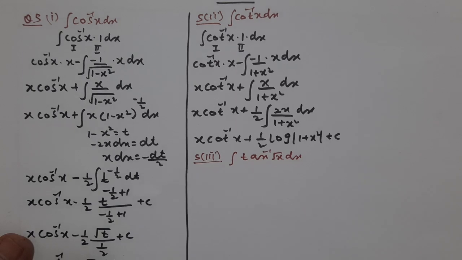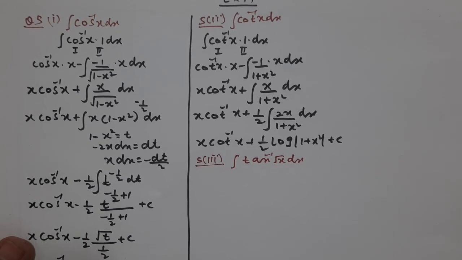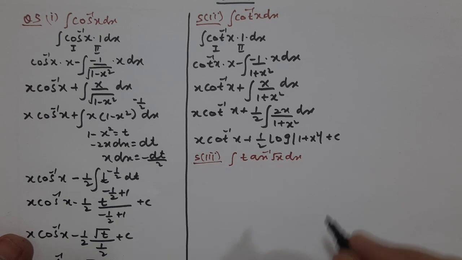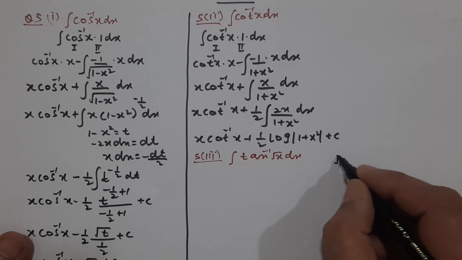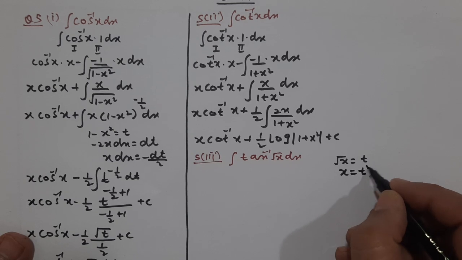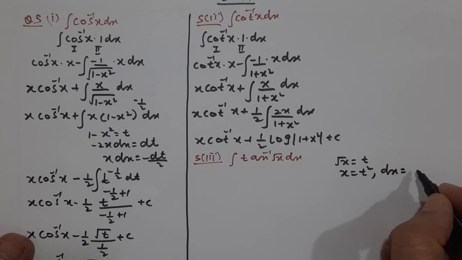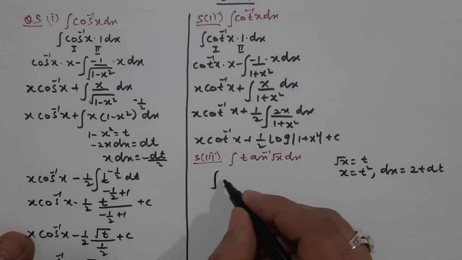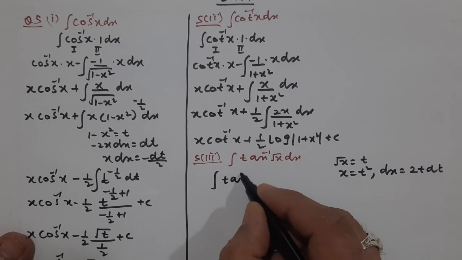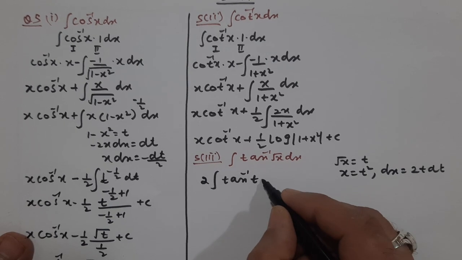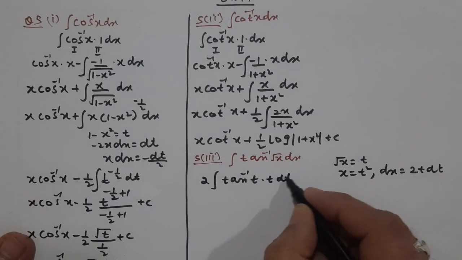Students, as we solved question number 4, first part, sine root x and cos root x, in those questions we put root x equal to t. So here also we put root x equal to t, x equal to t square, and dx equal to 2t dt, like this. So what we get? We get tangent inverse t, and dx is 2t dt. So in place of dx we write 2t dt.